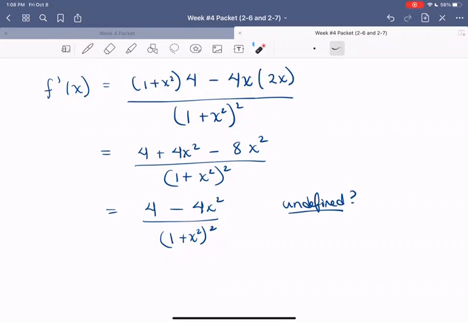Will that happen for us? Well, notice our denominator, we have an x squared term. So in order for 1 plus x squared to be 0, this x squared must be negative. But whenever we square a number, we get a positive number. So there's no x values in the real numbers that we could plug in here to get a 0 denominator. So undefined, no.